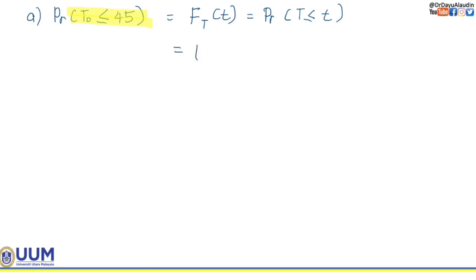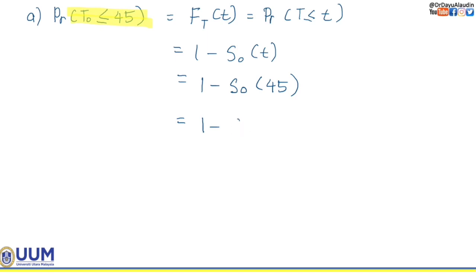Since we are given in terms of the survival function, we change it into survival function terms, and we get t is 45.